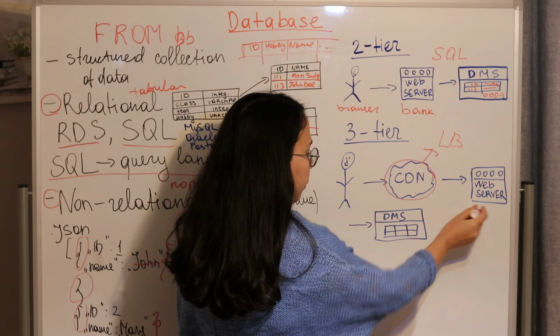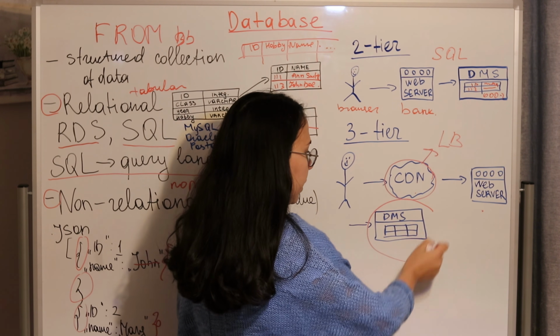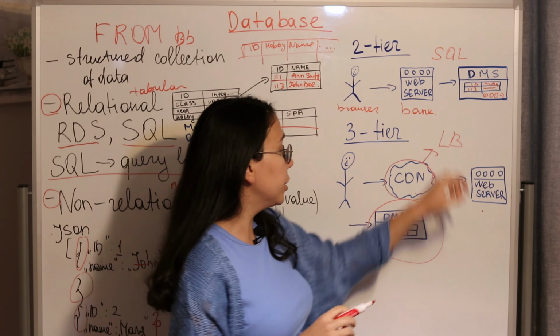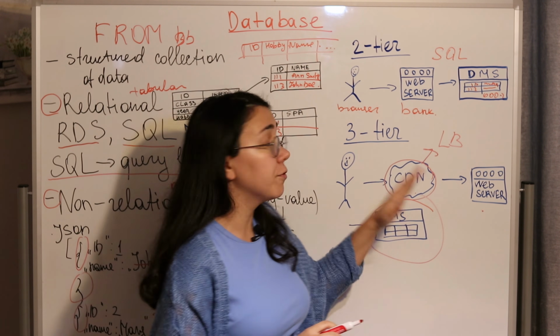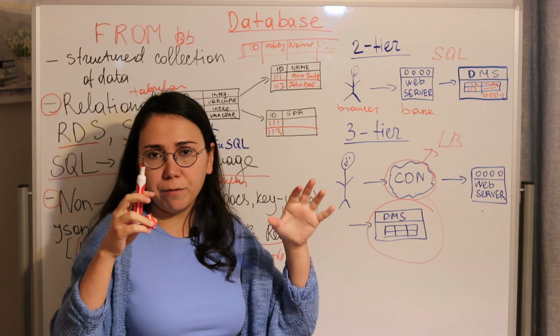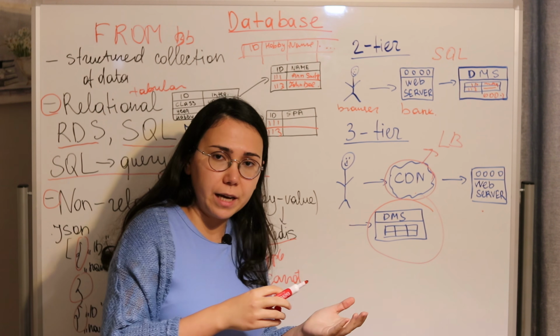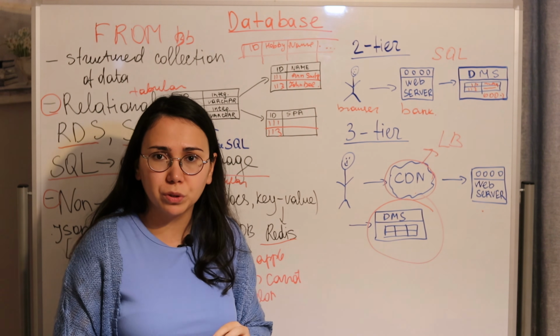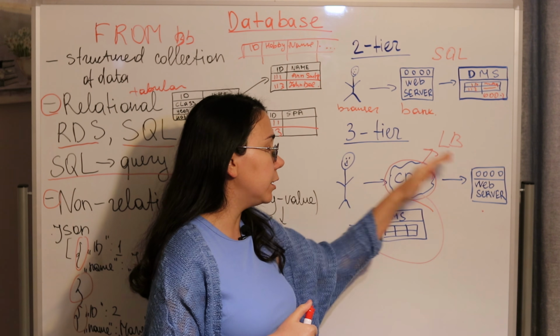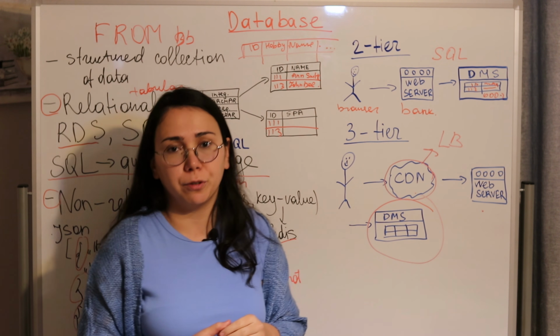And then comes the web server, and then comes a database. So the last two legs of the architecture are the same. We only have something in front of the web server to increase its high availability. So if there is a lot of traffic, the information can be cached and distributed to users based on their geolocation, or we can have a load balancer that distributes the load between web servers.